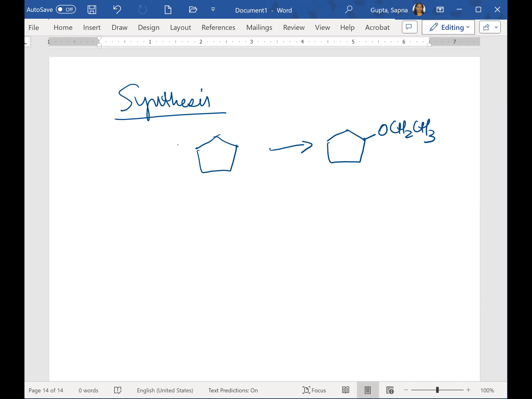You can start by looking at the product, and you can say, okay, I can see oxygen, which means that I can do some sort of nucleophilic substitution on this, which means that I need a substrate and I need a nucleophile.